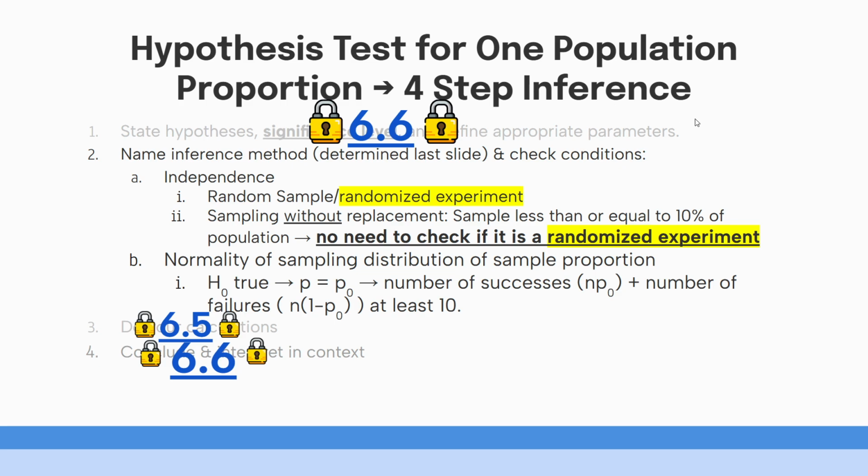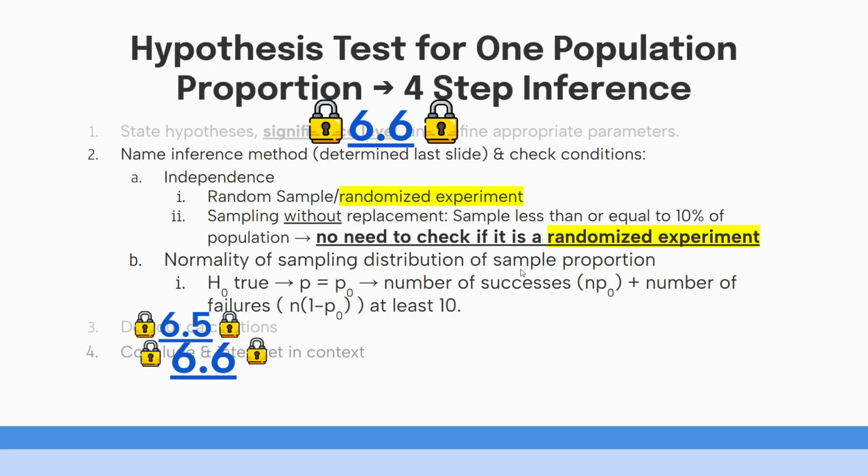We're going to go more over the conditions and the 4 steps of inference for a hypothesis test, but for now, we'll go over the second step, which is naming your inference method and checking the conditions. For your conditions, it's very similar to last time. You have to check it's a random sample or randomized experiment. You need to check that the sample is less than or equal to 10% of the population. Remember, no need to check this if it's a randomized experiment, as we went over before.